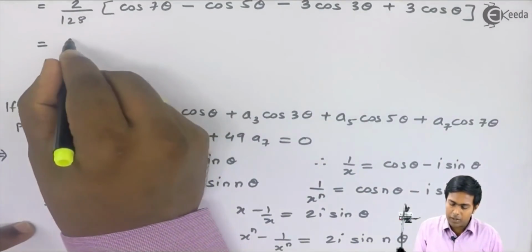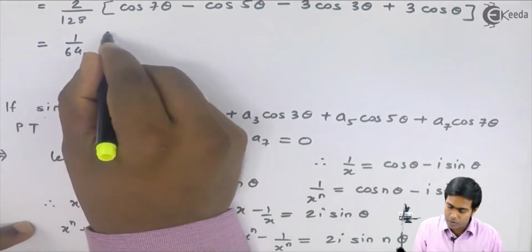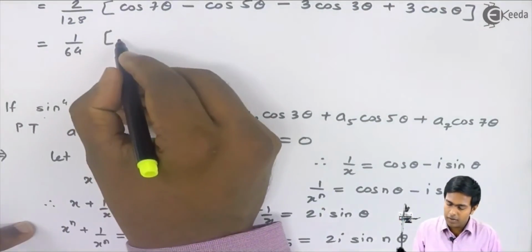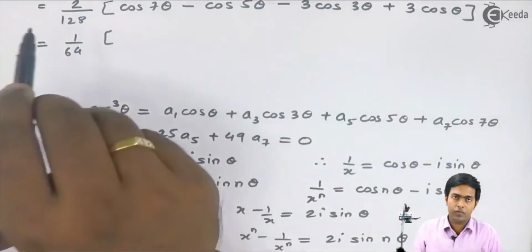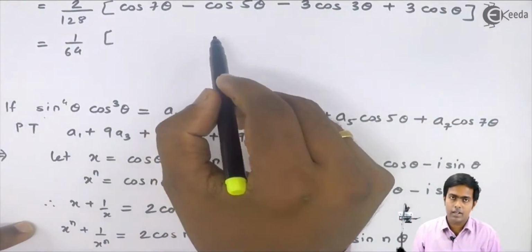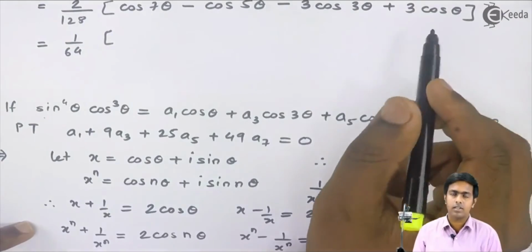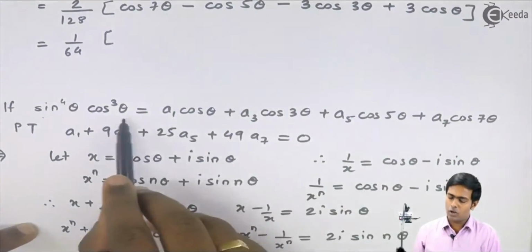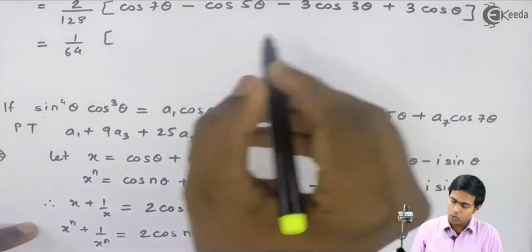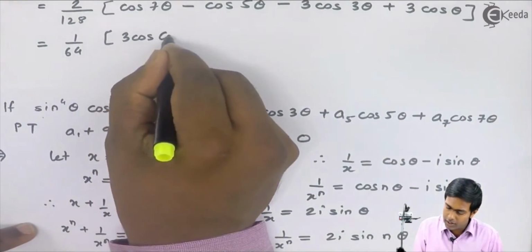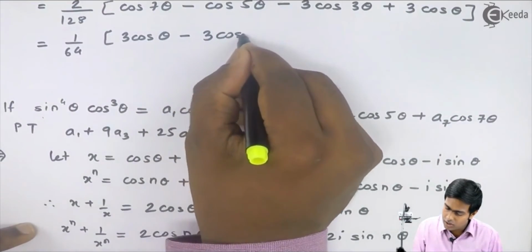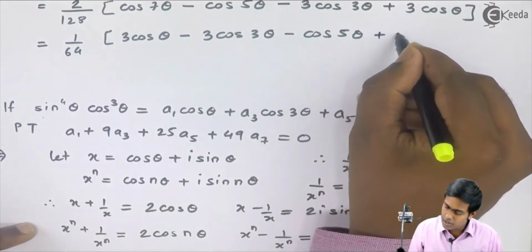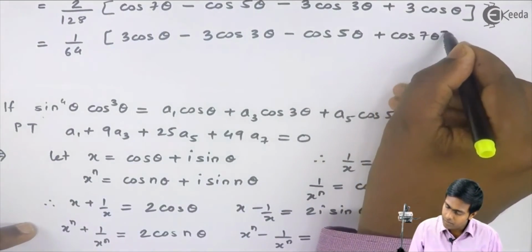So I will first simplify this. I will get 1 upon 64. Next I will take theta term first, then 3 theta term second, and then 5 theta and then 7 theta, so that we can compare it with the original given term. So I write it as 3 cos theta minus 3 cos 3 theta minus cos of 5 theta plus cos of 7 theta.